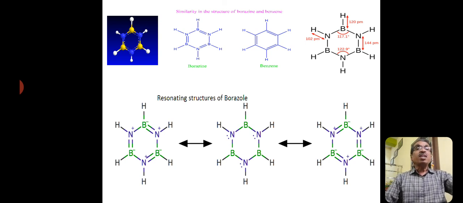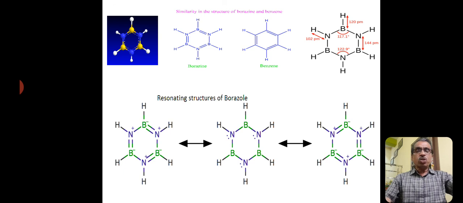Now coming to the structure of borazine, I have shown it here, and it has a similar structure to benzene. In benzene, all the corners have carbon atoms, and in borazine, it contains boron, nitrogen, and so on.